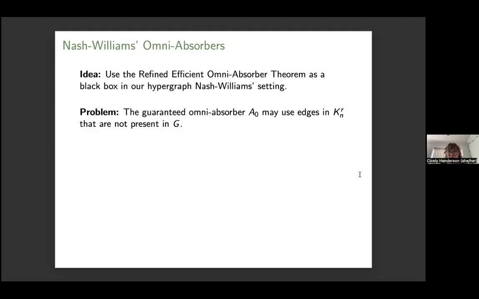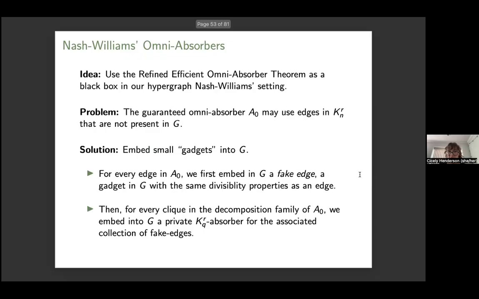But as we talked about, that guaranteed omni-absorber might use edges in the complete graph, K_N^R, that are not present in our graph G. So our solution is going to be to embed small subgraphs, or small gadgets, into G. In particular, for every edge of this initial omni-absorber, we're first going to embed what we call a fake edge.